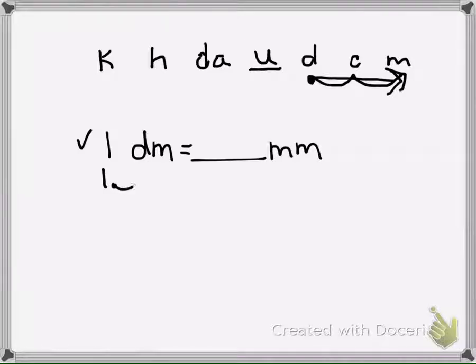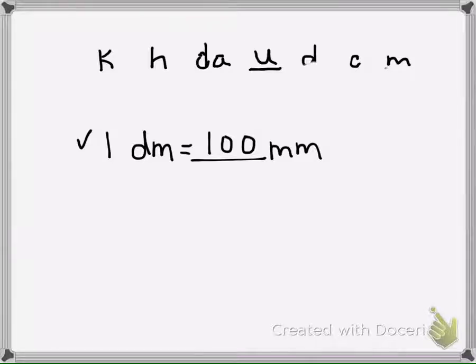When I move it 2 places right, 1, 2, I fill those in with zeros, and 1 decimeter is equivalent to 100 millimeters. All right, now we're going to work several of these, so if that kind of got confusing to you, don't worry, we're going to do several.